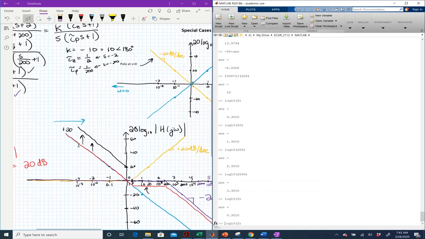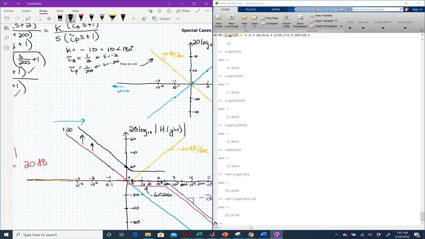Because this graph was falling at 20 dB per decade, if I do minus 20 times log 10 of 2, I see that the value here had to be minus 6.0206. I take that value and shift it up by 20, which puts me at 13.97, somewhere right around here. Then I level off at 13.97 until I get to the 200 again.